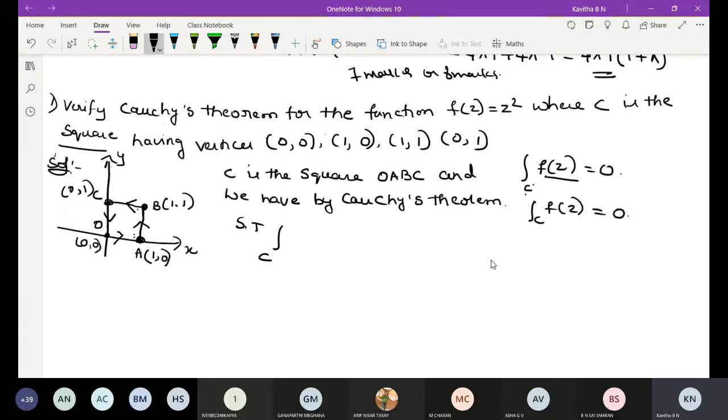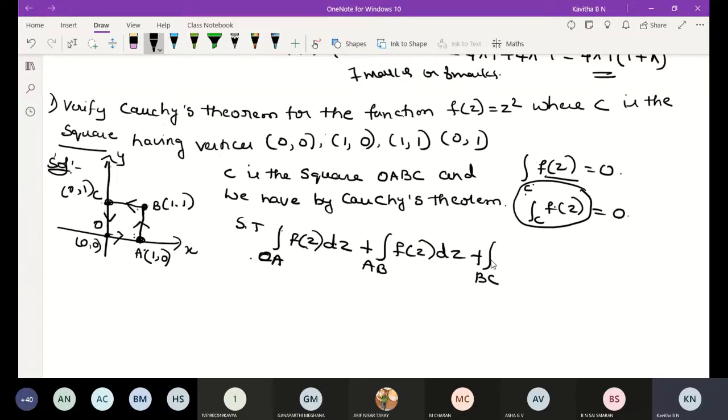We have to show that the integral over C of f of z is split into 4 parts: the integral of OA f of z dz plus the integral of AB f of z dz plus the integral of BC f of z dz plus the integral of CO f of z dz is equal to 0. Any doubt?